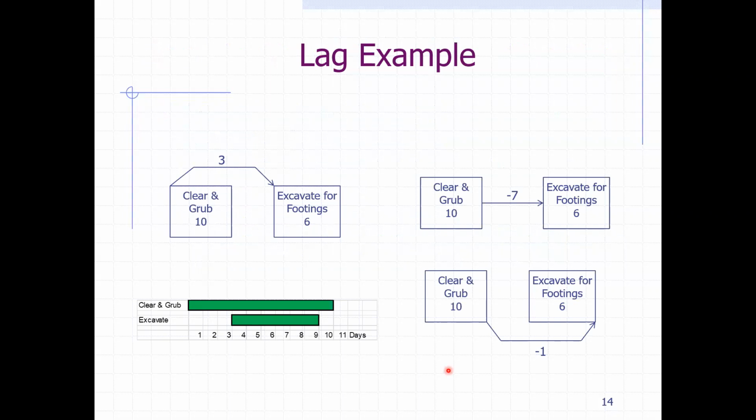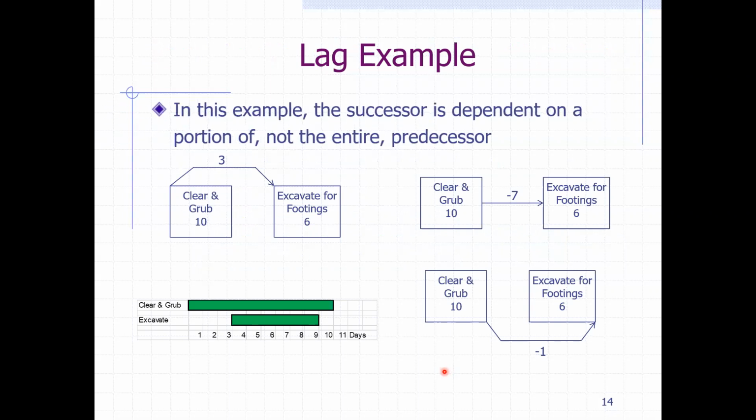So for example, on the lag here, we have two different scenarios. The first scenario is when you have a start-to-start relationship with a 3 days lag. So these 3 days allow you to start the clear and grub and excavation at the same time, yet they have different durations. As you can see here, the clear and grub is 10 days, while the excavation is 6 days.